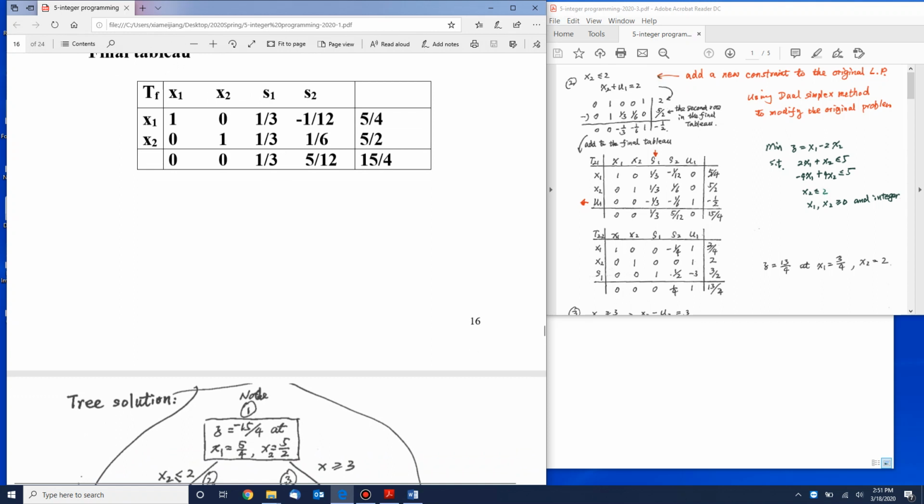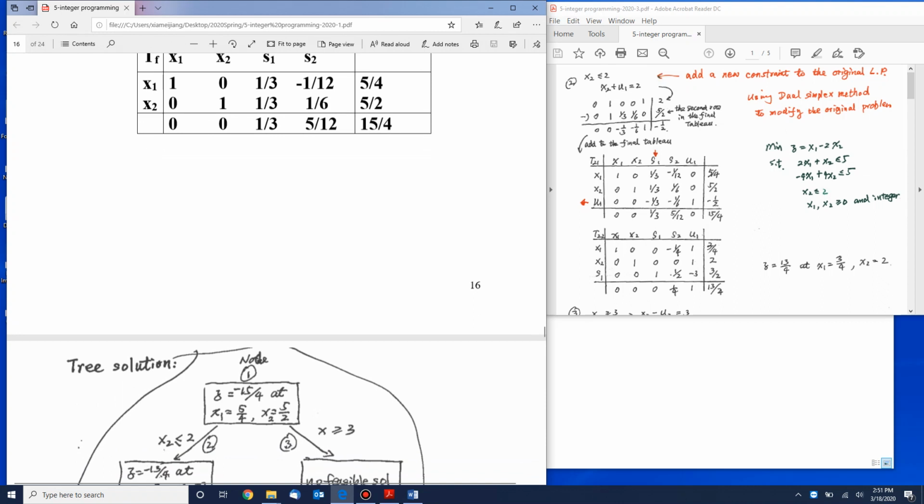How we work it out is we make the branch like this: x2 equals 5/2. The largest integer less than 5/2 is 2, and the smallest integer greater than 5/2 is 3. So we simply take the two integers around 5/2.